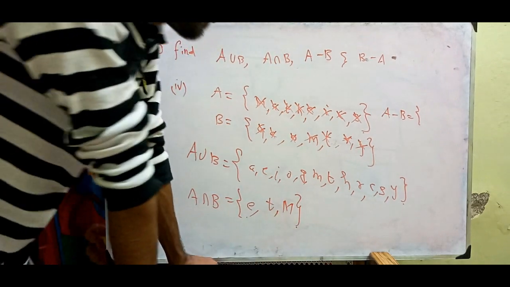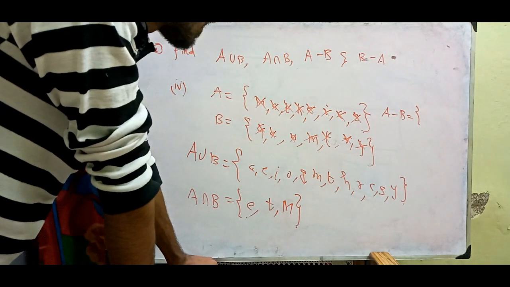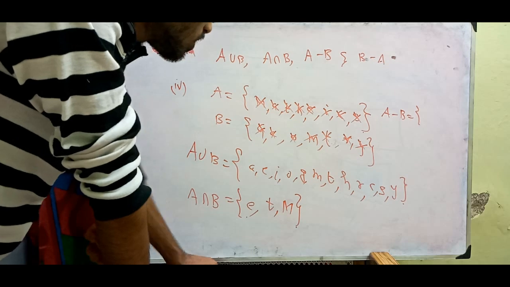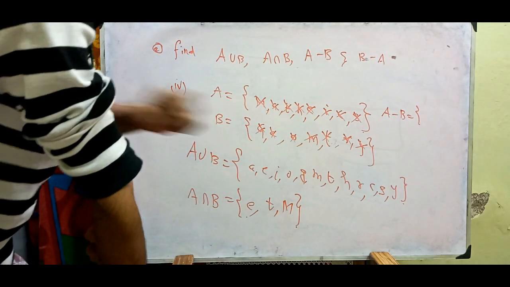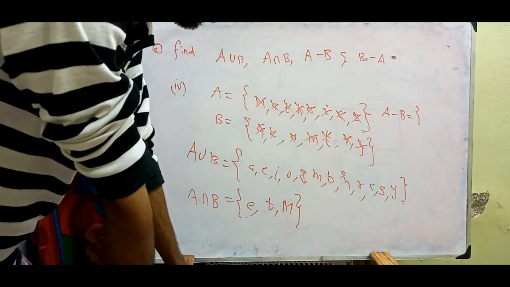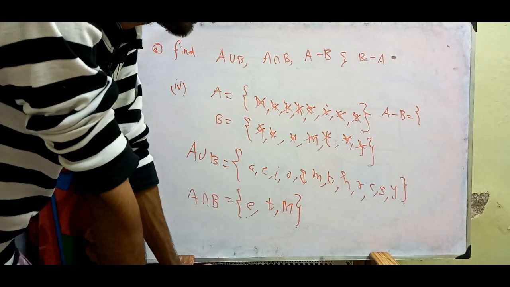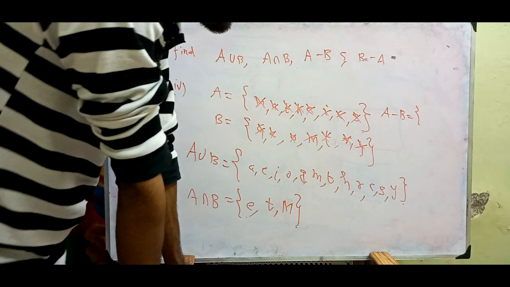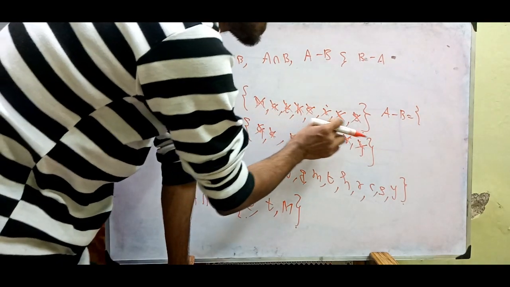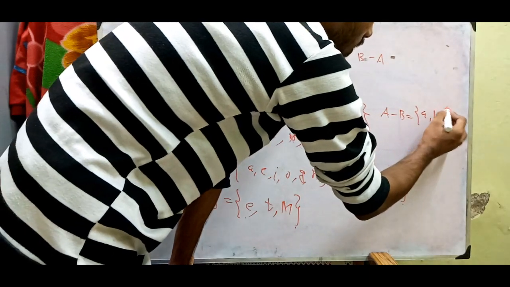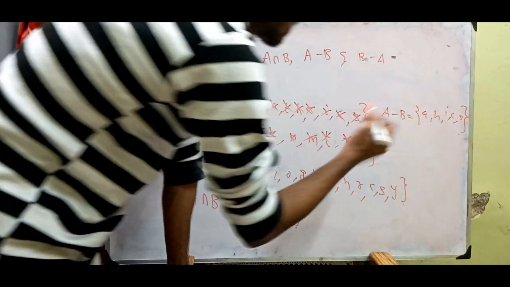M is also the repeating element. So here clearly M, T, E, right? No H is there, no A is there, yeah, M, T, E. If I remove M, T, E, A, H, I, C, S, A, H, I, C, S is A minus B.